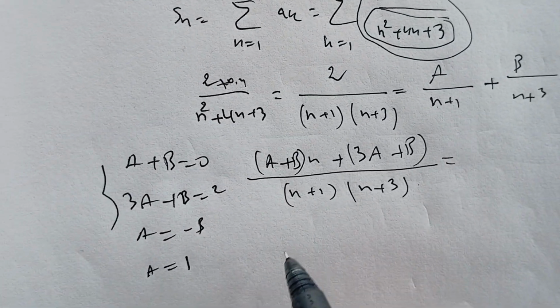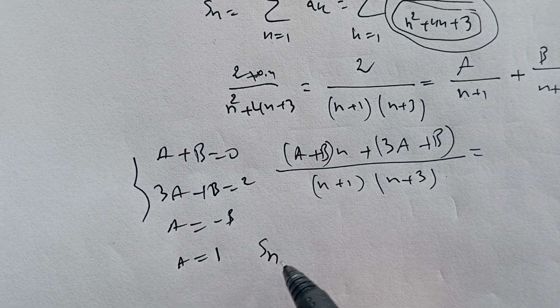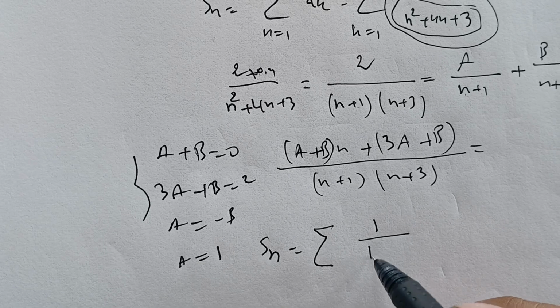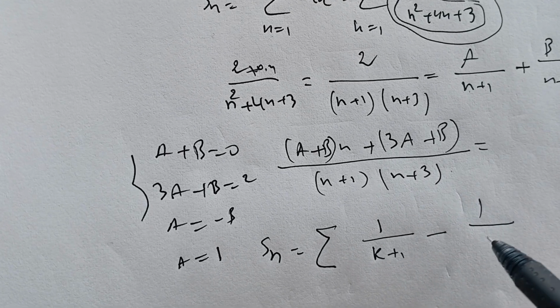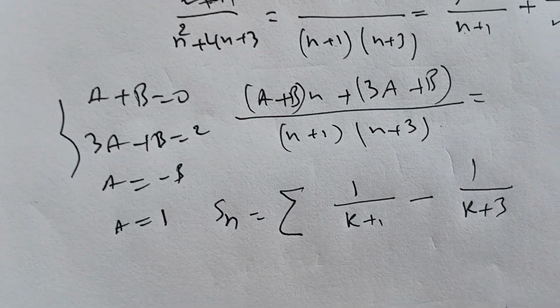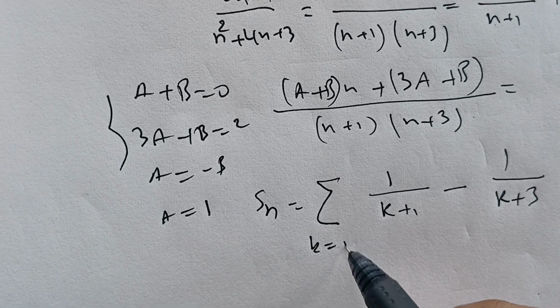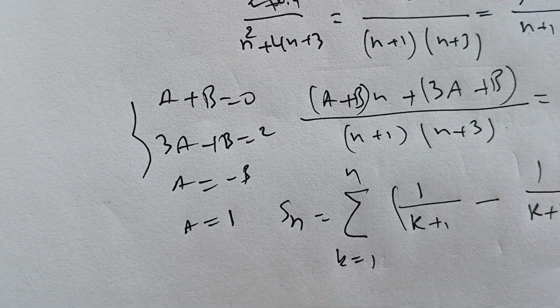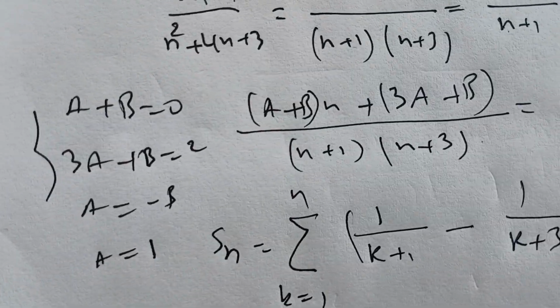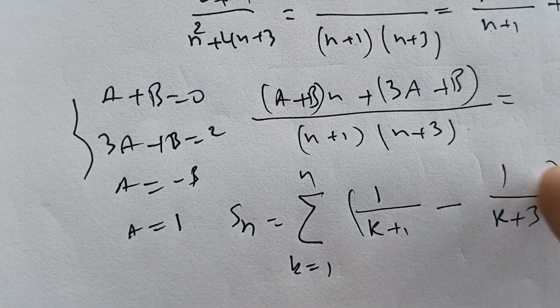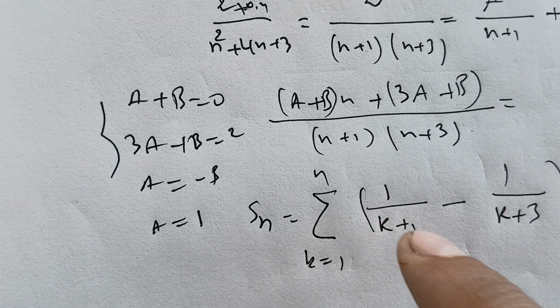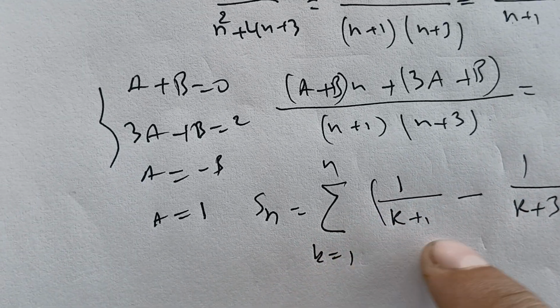Therefore, our S_n becomes the sum of 1 over k plus 1 minus 1 over k plus 3, with k going from 1 to n. In this case, when we have this kind of telescoping sum, we want to make this starting index the same. So we do a quick trick.